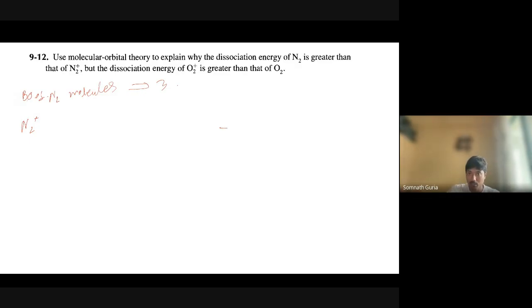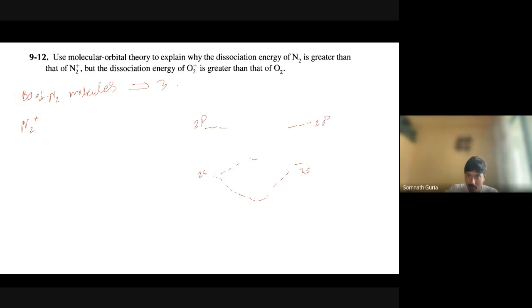We have 2 nitrogen, homonuclear, similar energy level, right? 2p x, 2p y, 2p z, and the 2s here, sigma, sigma star, 2s, 2s, 2p, 2p.